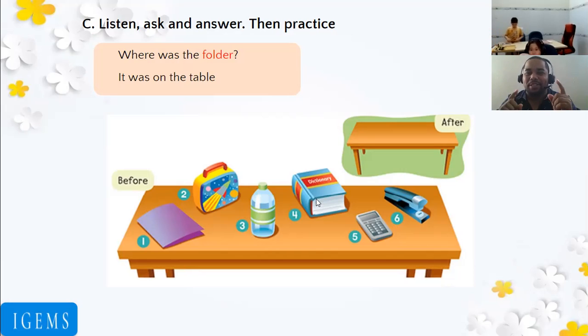Very good. One more time. It was on the table. Very good. One more time. It was on the table.